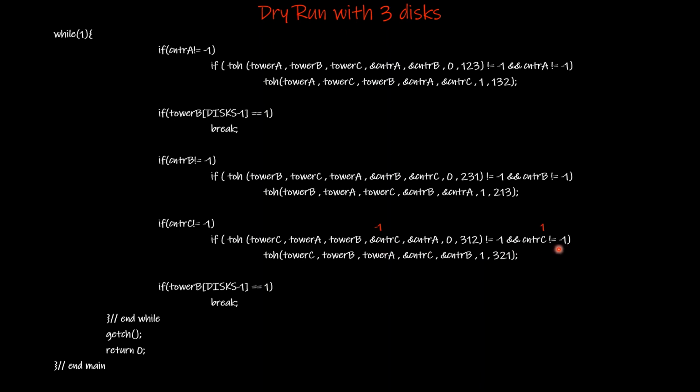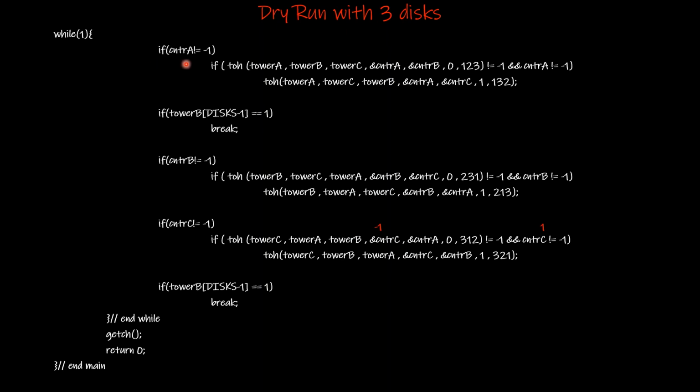Okay, and therefore this statement cannot be executed, and therefore we come to this if condition. So this is evaluated. Have we got 1 at the topmost position in tower B? The answer is no, and therefore we repeat with our while loop again. Okay, so we go back to loop. We check the condition, it is true. Again, this statement will therefore be executed.